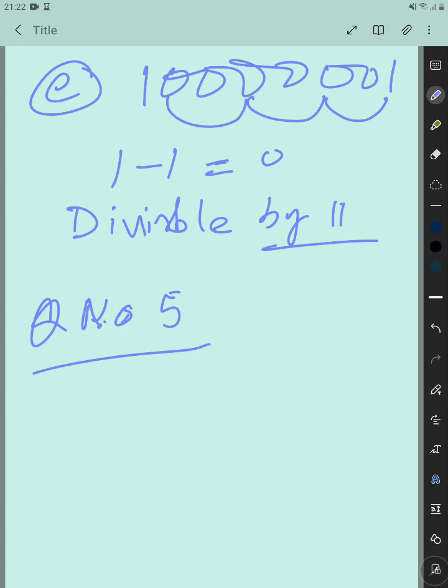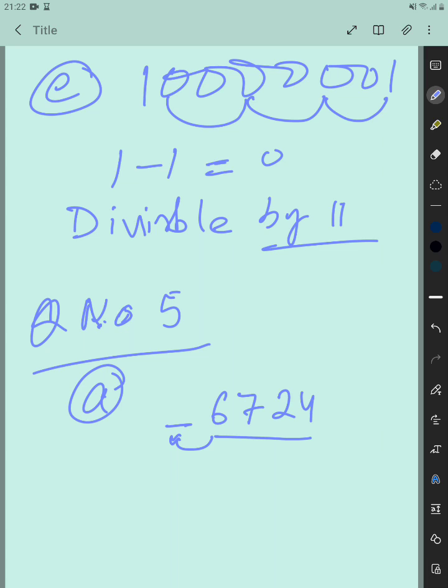Okay. So what is the A question? A part has a blank, then 6, 7, 2, 4. We need to sum these digits and see which number can be put at this place so that it becomes divisible by 3.